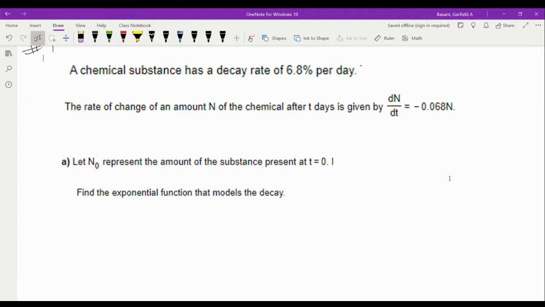You guys need some help on this? All right. Remember, all these exponential functions are modeled by one equation, right? y equals C e to the kt. So it's just a matter of filling in all of that. What does C represent?